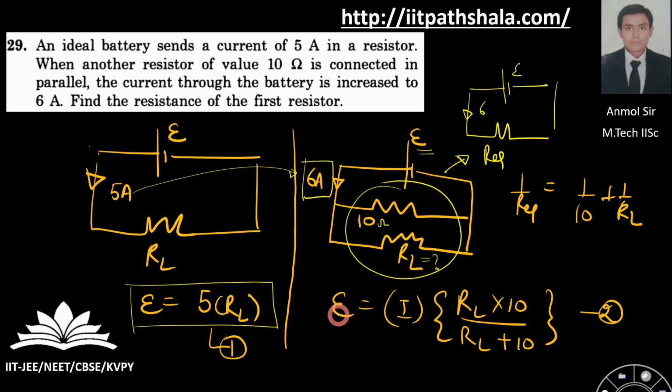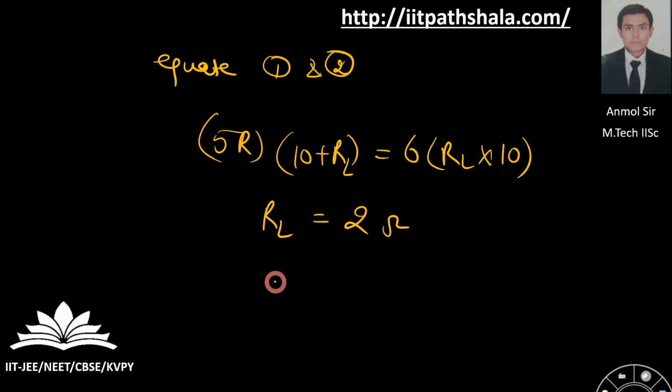Now I can write E equal to I into R equivalent. As you can see, E is not changed in both of the cases, so equate for E. This equation will be equated to the second equation, and you will land up with RL equal to 2 ohms.